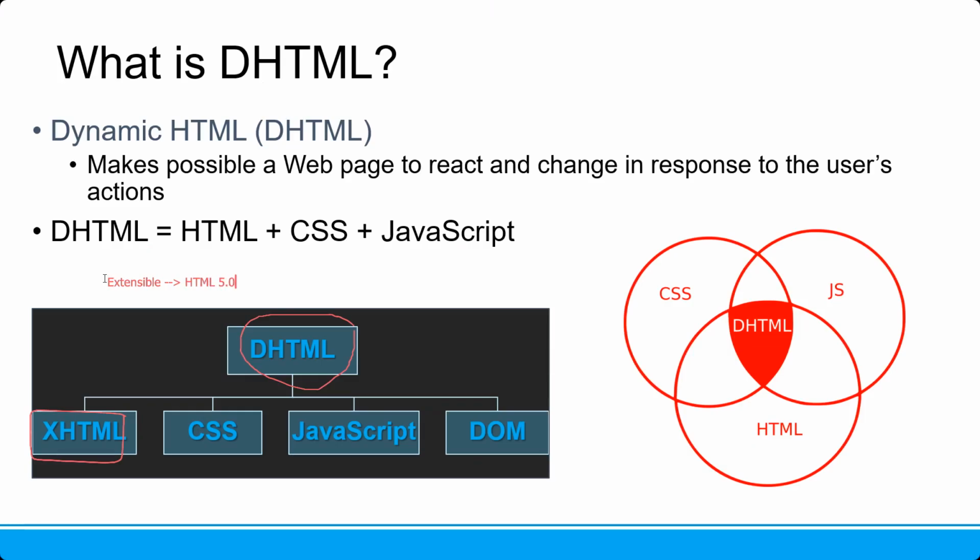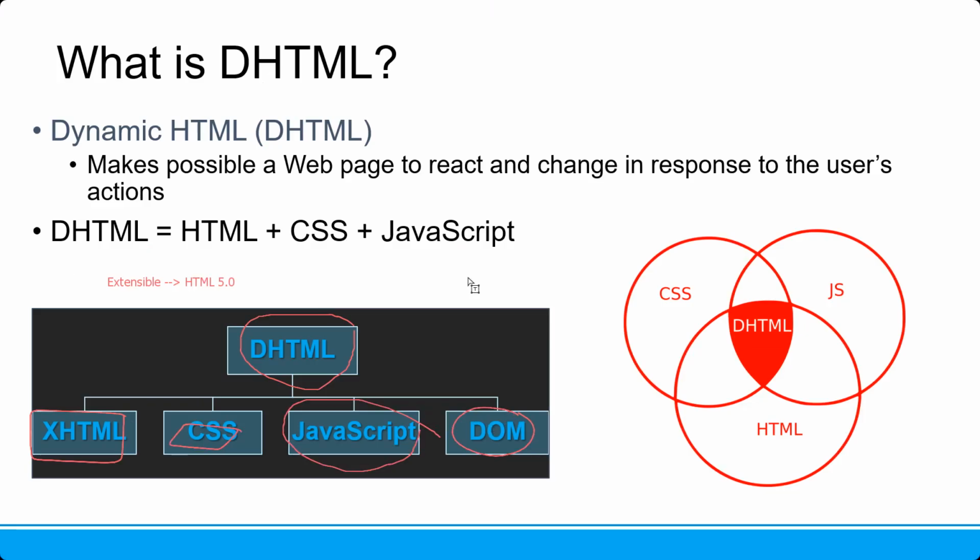So if it is HTML 5.0, it means this is the newest version, and you can include video, animation, and some moving graphics in the HTML, and it also includes CSS, JavaScript, and DOM.